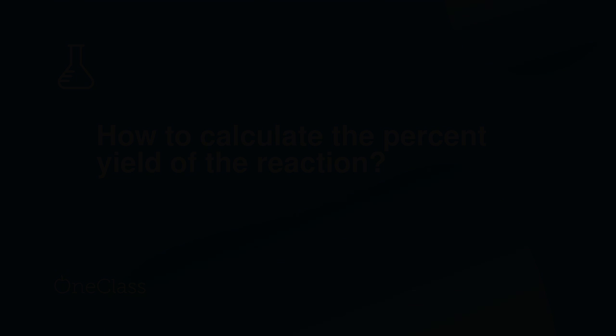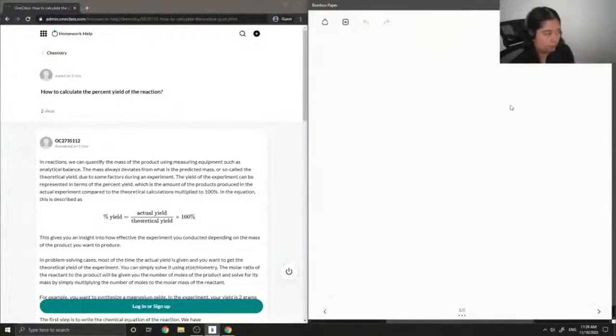Okay, so now let's move on to question number 3. How do you calculate the percent yield of the reaction? Okay, so let me write down the formula for percent yield.